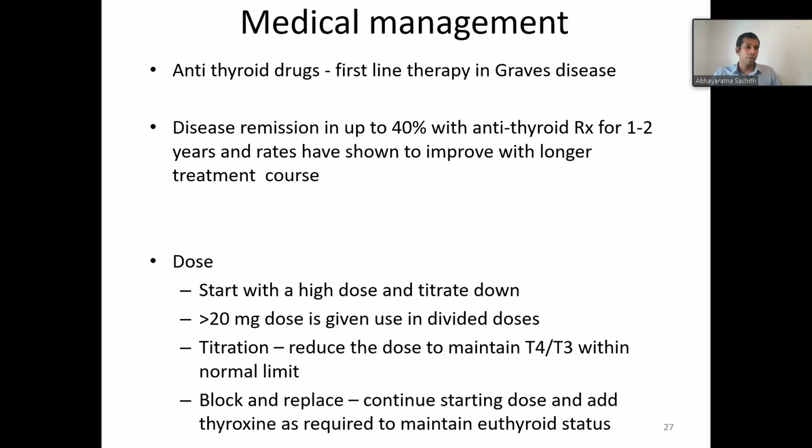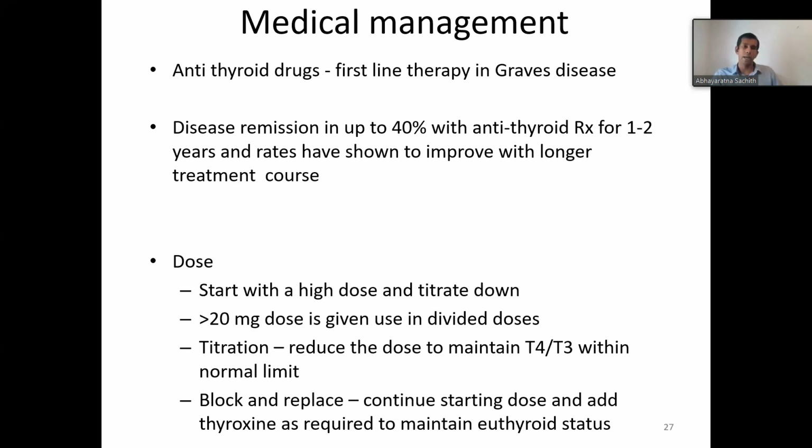Newer studies show that if you treat a little longer than this, the remission rate will be higher. Generally, we tend to limit our treatment period to 1 to 2 years because, as you know, anti-thyroid drugs do have side effects. So we don't like to go on indefinitely with the treatment. But in certain patients where other modalities are contraindicated, a low dose of anti-thyroid drugs for a prolonged period, even after 2 years, is a treatment option.